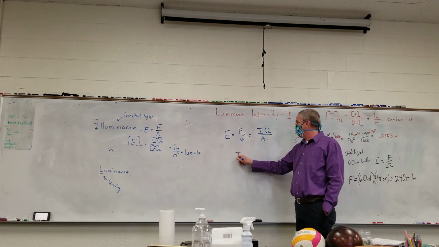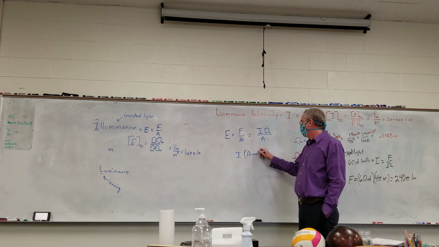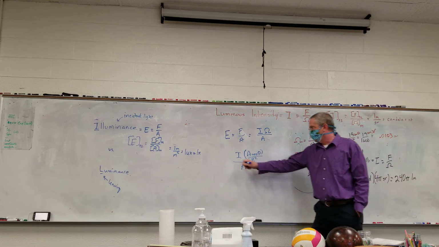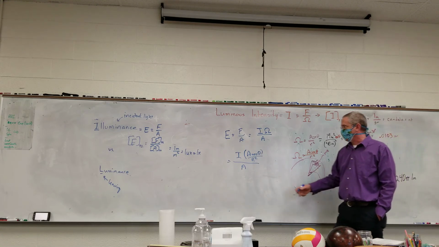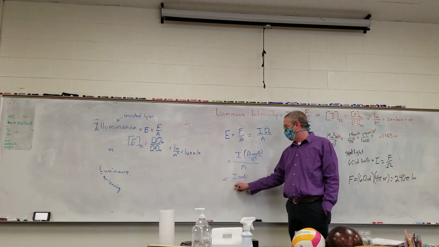So this becomes I times A cosine theta over R squared, over A. Area cancels out, and so we have I cosine of the angle over R squared.